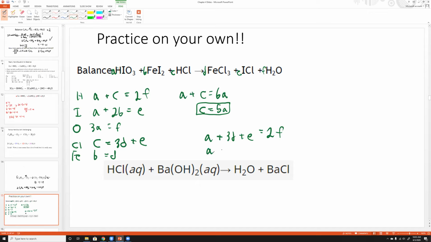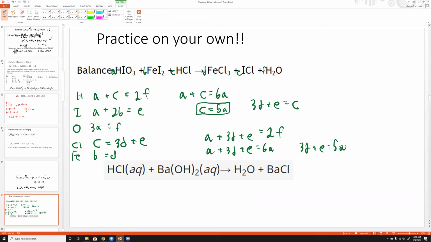So A plus 3D plus E equals 6A. And then we can subtract the A's. Again, we get 3D plus E equals 5A. So then we also have 3D plus E equals C, because we know that 5A equals C. So we have that equation also.